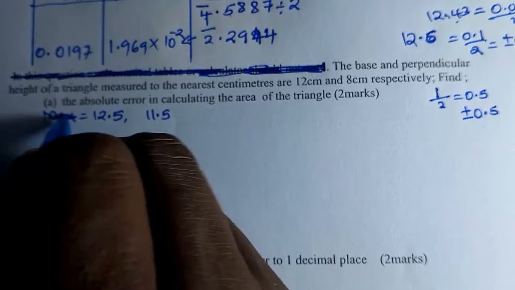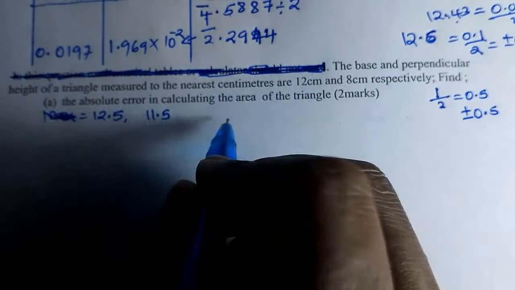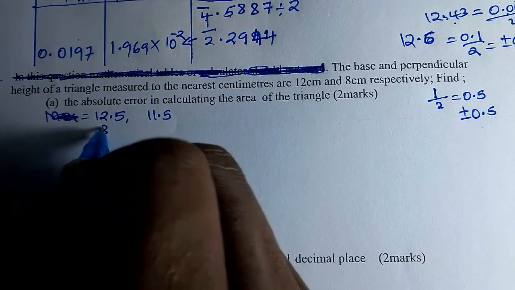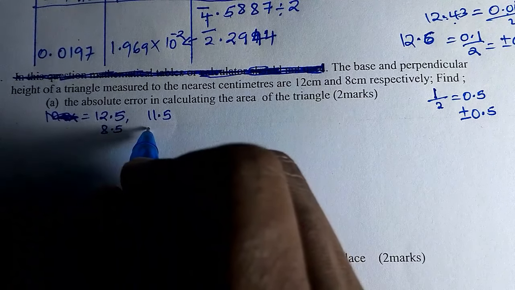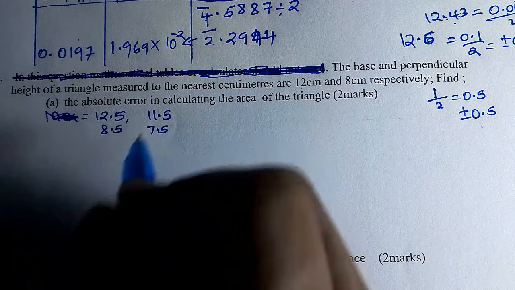So these are the limits we will have. For 8, we will have 8.5, and you subtract 0.5, 7.5. That's what we have.